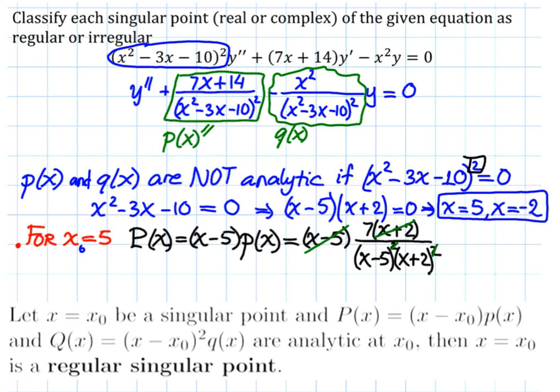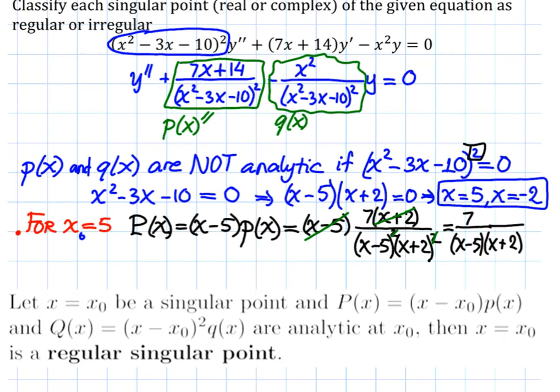Doing that, we have 7 over (x minus 5) times (x plus 2).